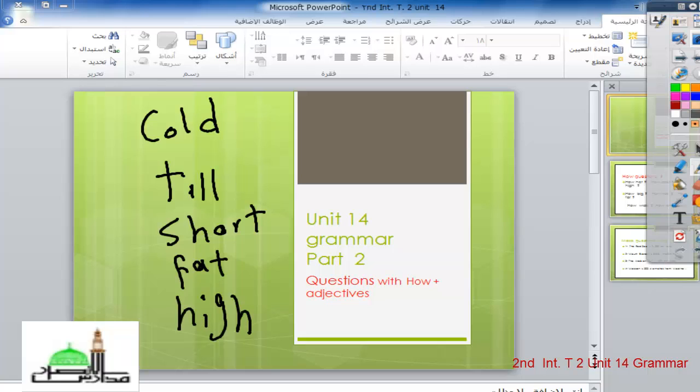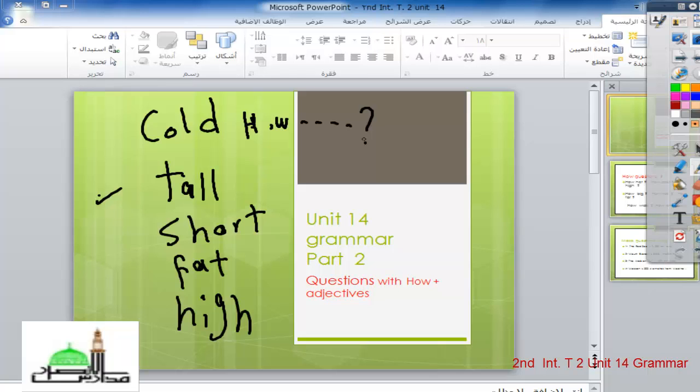All these are adjectives. If I use any adjective of these with how, I can make what? I can make a question. We call it how question. How cold, how tall, how short, how fat, how thin, yes, how high, how long.